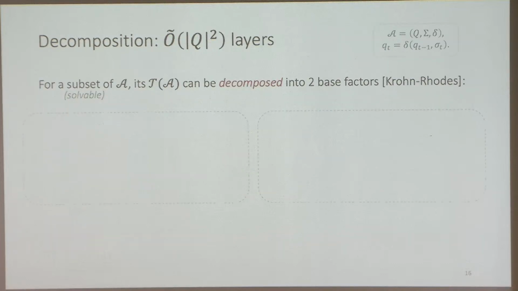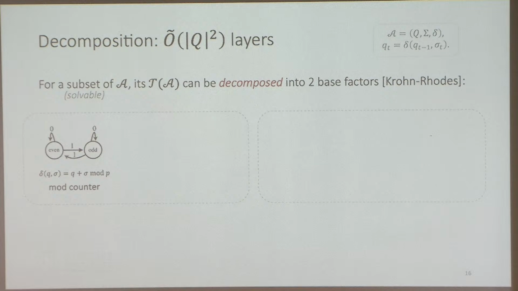Now we know that the object that we're trying to decompose is the transformation semigroup. We can apply Krohn-Rhodes theory to show that for a fairly wide subset of automata, we can decompose their T(A) into two base units. These two base units can each be represented by one transformer layer. The first one is a mod counter, which is a generalization of the parity counter.